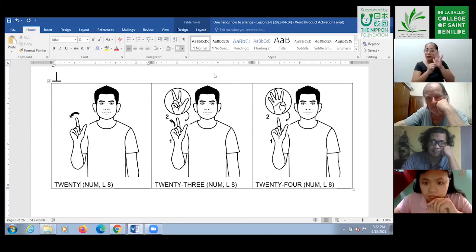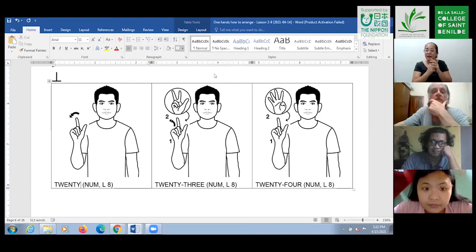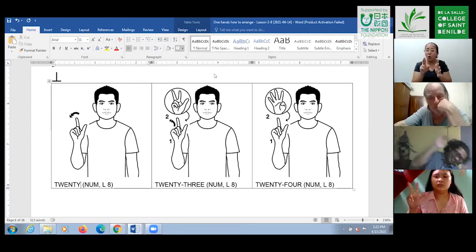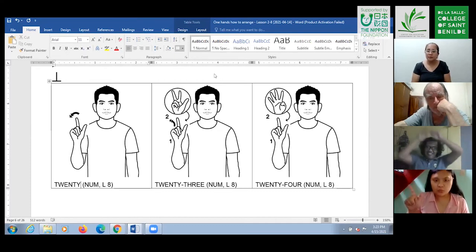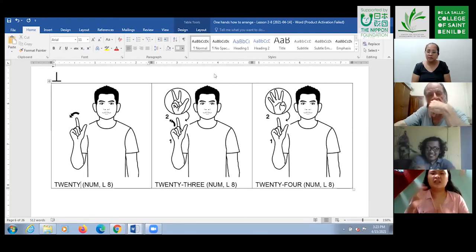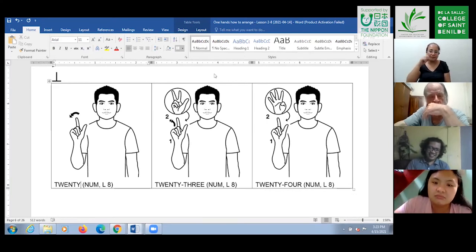Sorry again, sir, I missed that. When we change 20, 23, and 24, do we just need to change the orientation on the sign, or do you have something else there? We're just going to do a side profile, Shaka is saying, because the hand orientation should be more natural, more to the left. Yeah, for most of the numbers above 20.